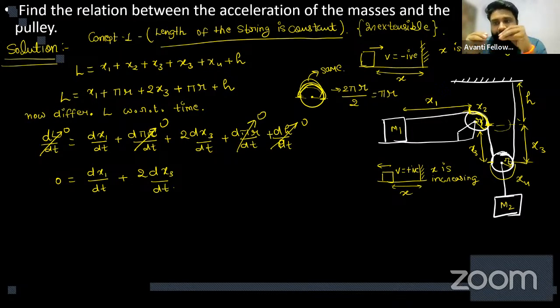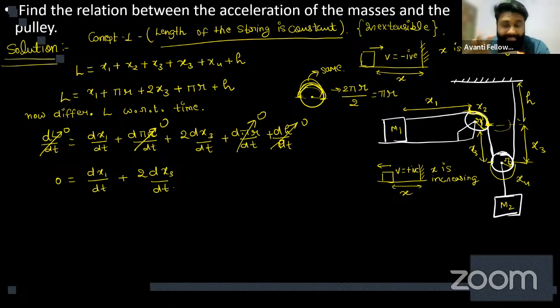So the length of the string cannot be extended, which means it is a constant quantity and it is not going to change with respect to time, or with respect to any factor. Got it? So this x1, x2, x3 plus x3 plus x4 plus h, this is the total length of the string, and it is not going to change.